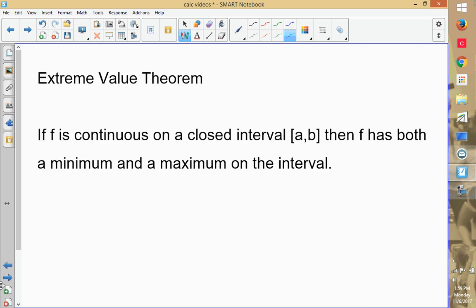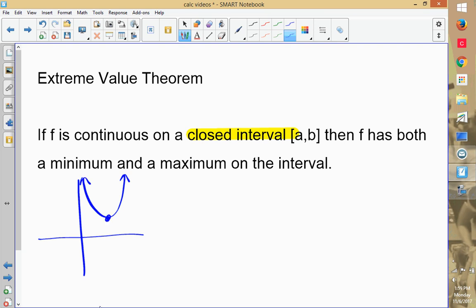Now, there's this theorem called the extreme value theorem. If f is continuous on a closed interval, and that's your key, it must be on a closed interval, then f has both a maximum and a minimum on the interval. So the last example that I gave was a parabola where we have an absolute min, but no absolute max.